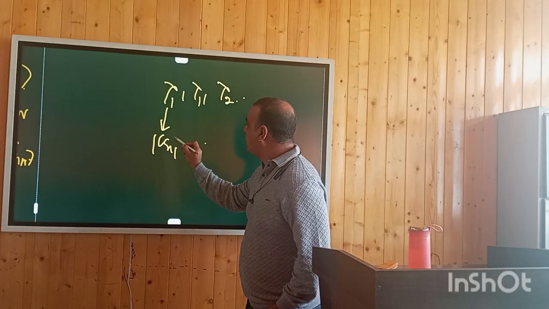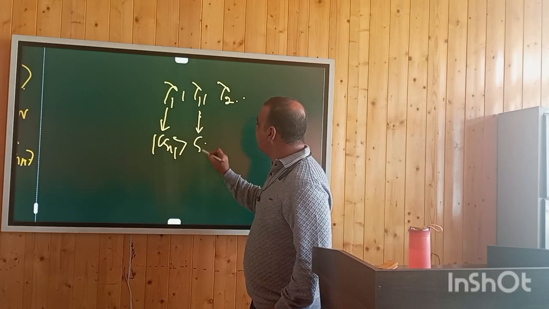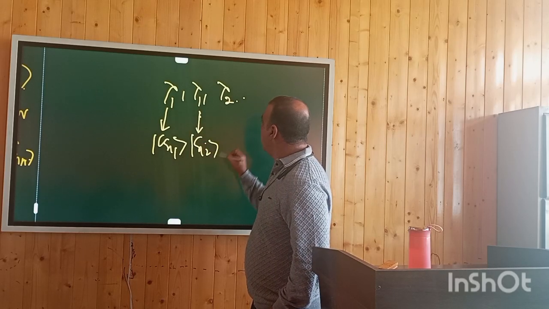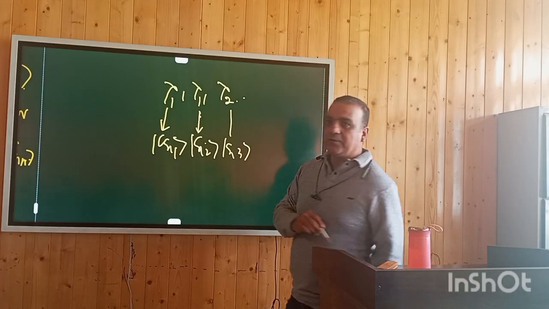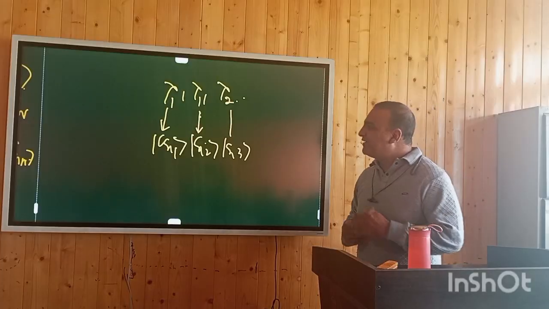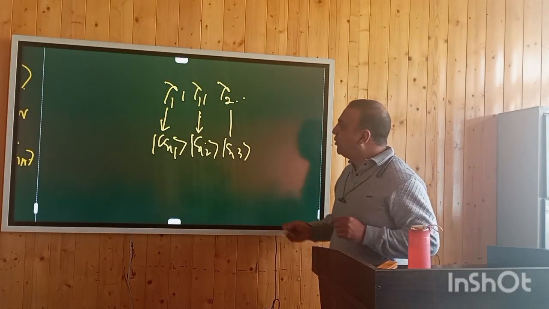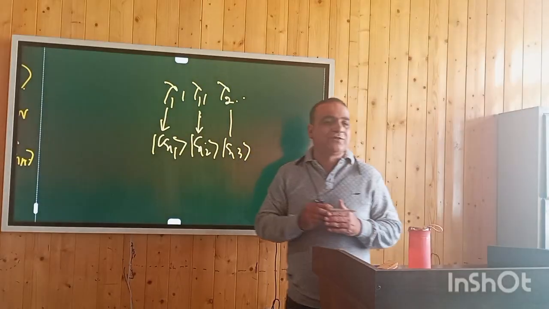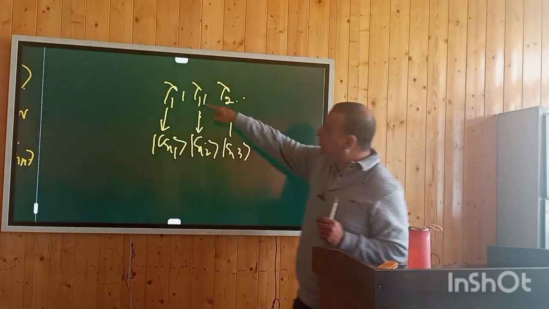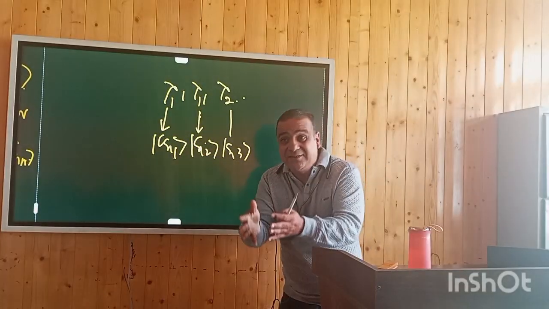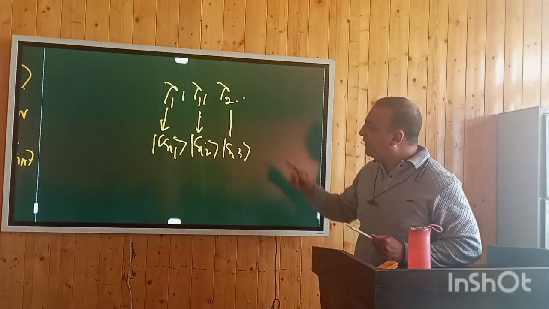So this is zeta 1, this is zeta 2, and this is zeta 3. Now, what is different in this case? In this case, you have two eigenvalues which are the same. But to each eigenvalue, you have a different eigenvector. Right? What will I call this?